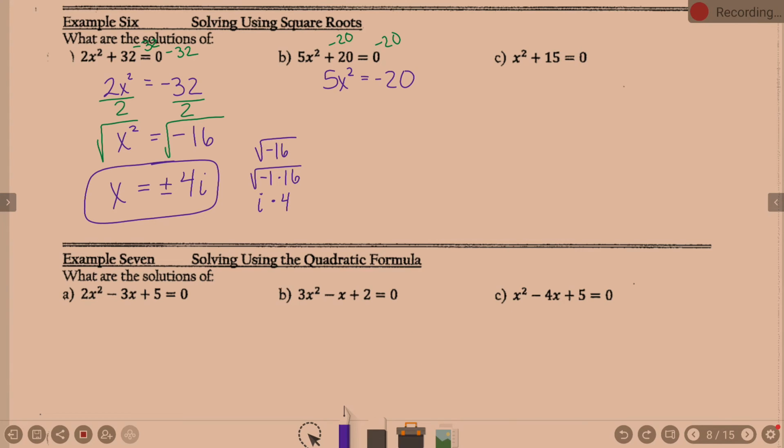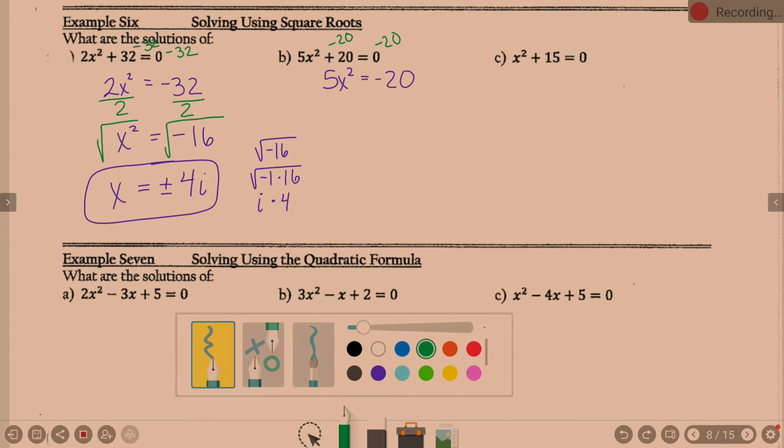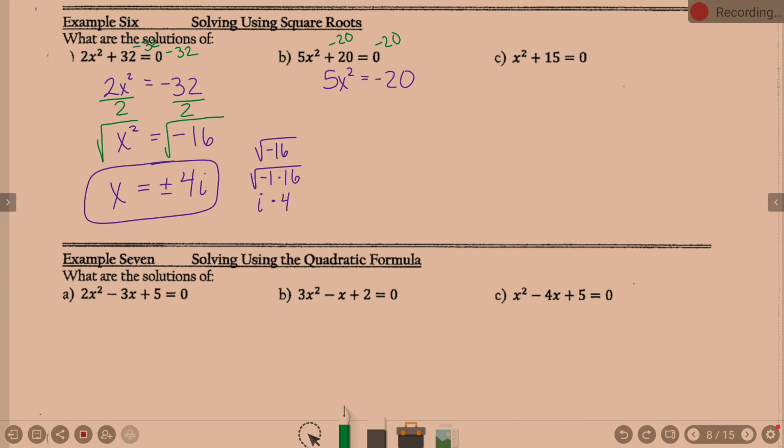Now how do I get x squared by itself? If it's 5 times x squared, we're going to divide by 5. x squared equals negative 20 divided by 5, which is negative 4.